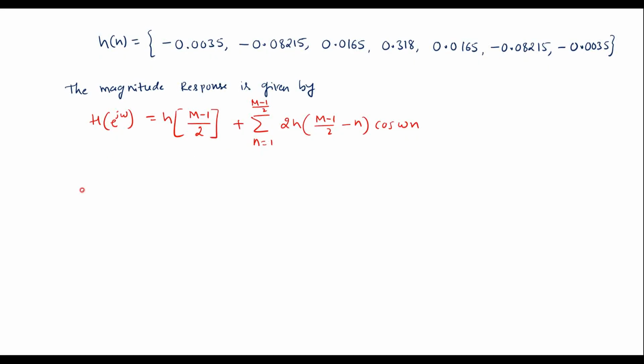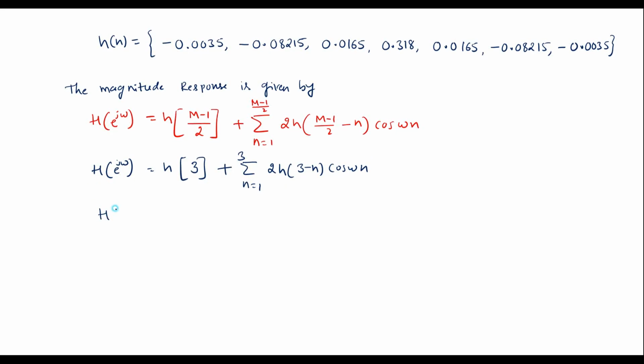Now I can write it as, therefore h of e power j omega is equal to, we have m is 7, so m minus 1 is 6, 6 by 2 is 3, plus summation n is equal to 1 to 3 of 2h of (3 minus n) cos omega n.